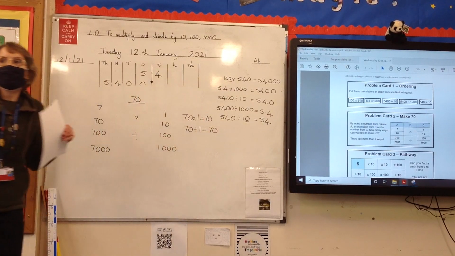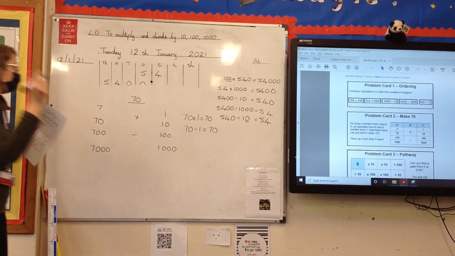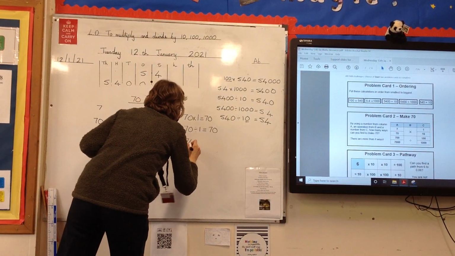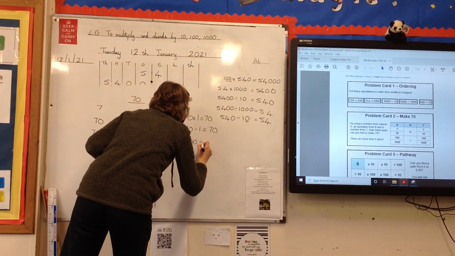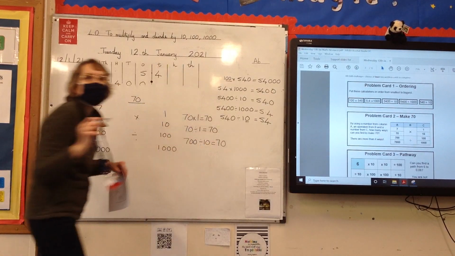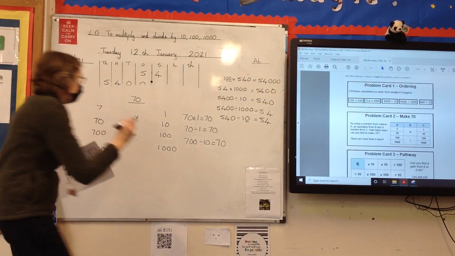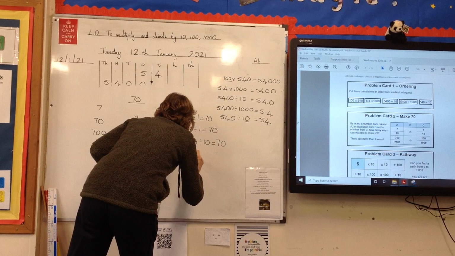Well done. 700 divided by 10. Good. 7,000 divided by 100. Good. Well done.